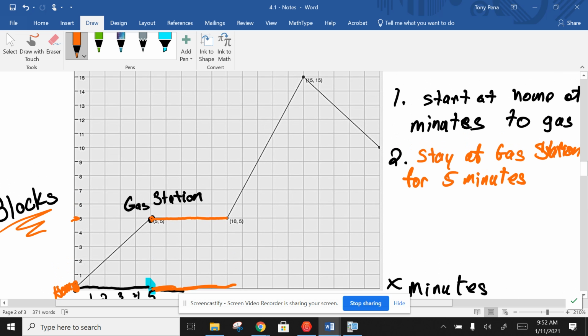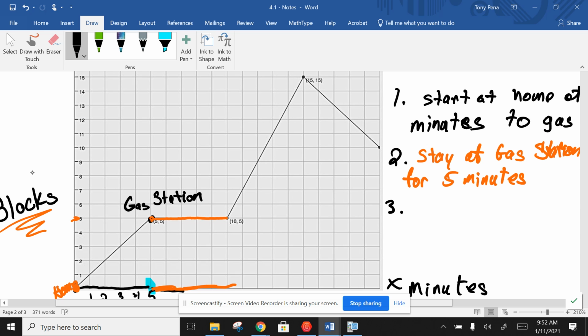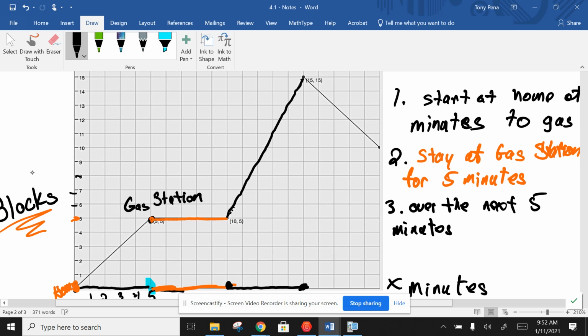All right. So then notice now what happens. Our third thing that's going to happen. All right. Over the next 5 minutes, so now from this point through here, notice how we are now increasing our blocks. So we're traveling again. So what we're going to say is over the next 5 minutes, we travel.